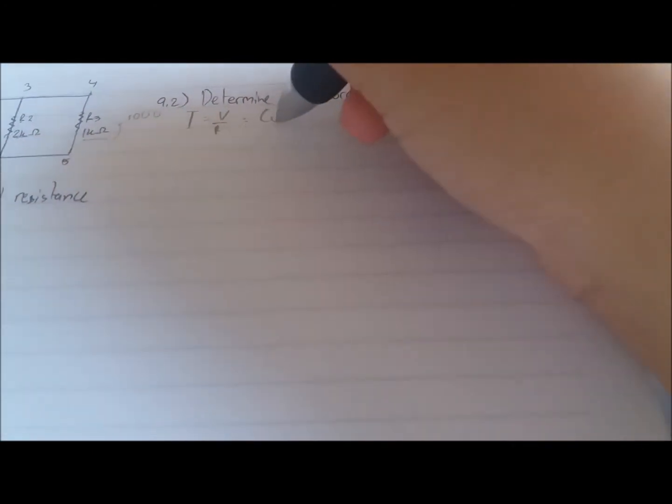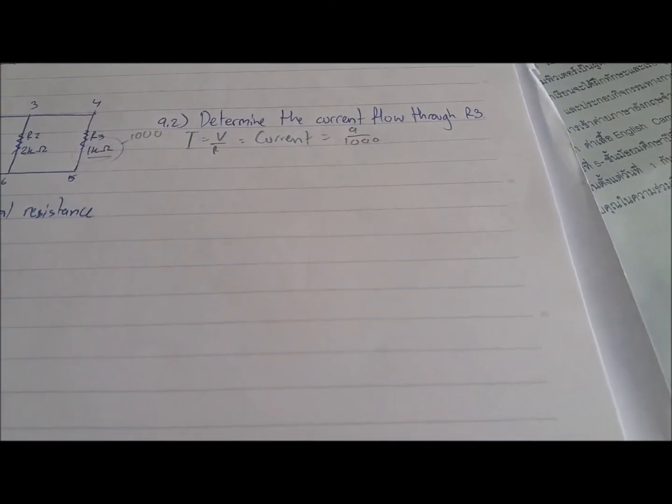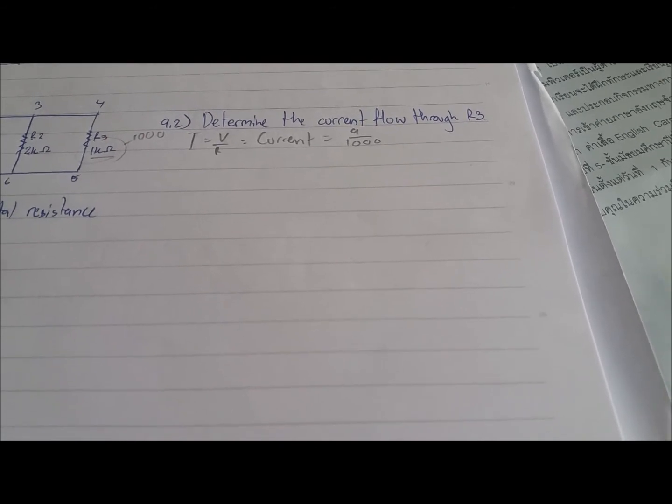So the current equals 9 over 1000. And we can't really cancel, so that is the current flow through row 3.